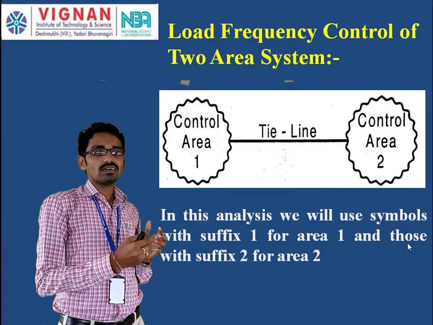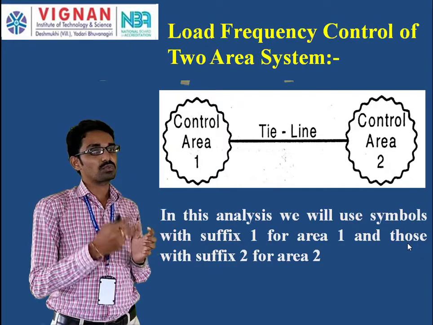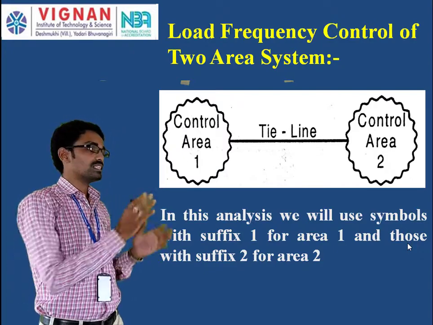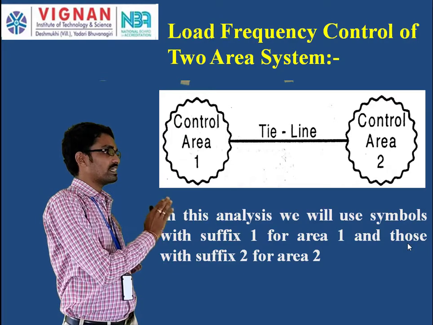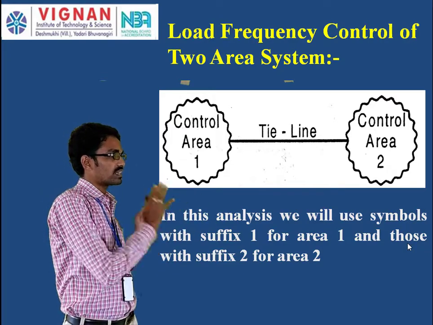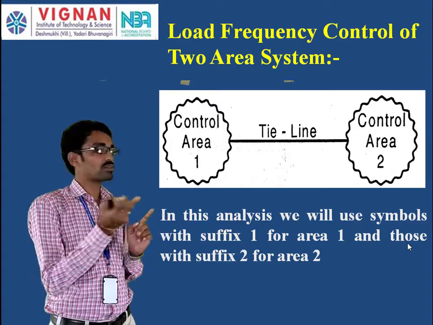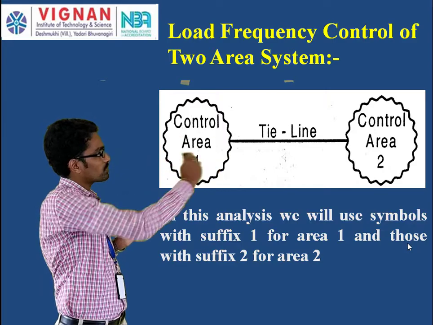But when you come to the load frequency control, that is LFC of two area system, in the single area system only that single area is responsible for the change in the load of that particular area. Whereas here we have two areas, control area 1 and control area 2.